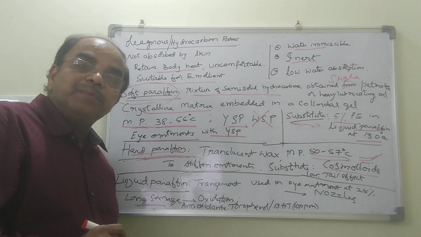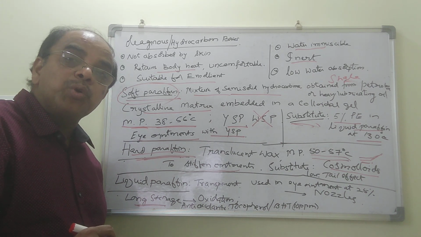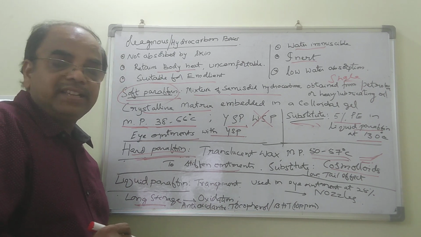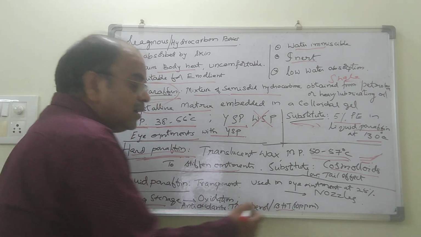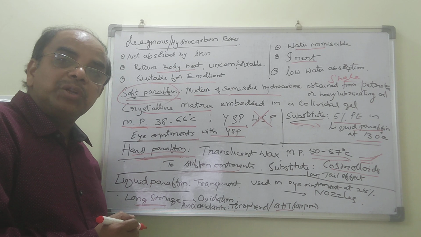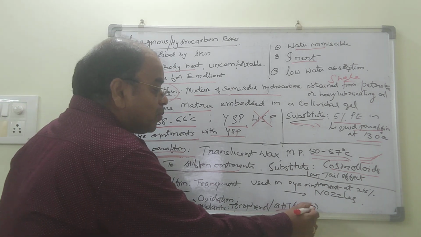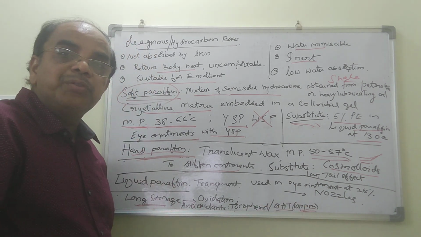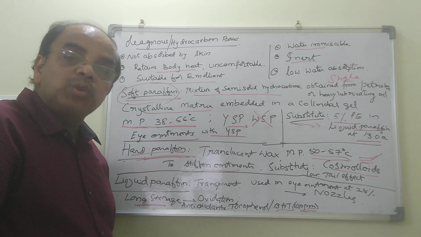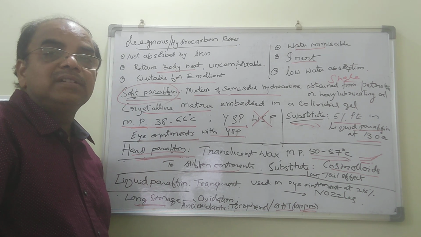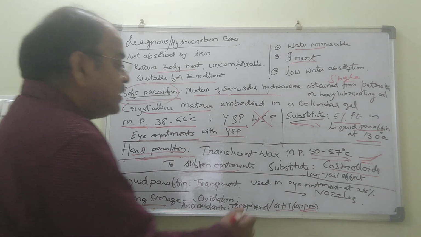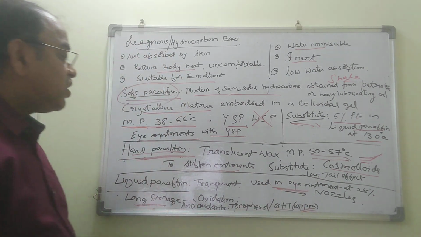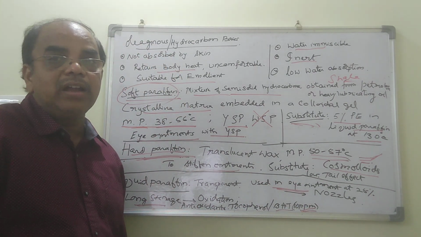So we have to add some antioxidants like tocopherol or BHT, butylated hydroxytoluene, at a strength of 10 parts per million, to store the liquid paraffin for long periods. And generally, liquid paraffin is used in the eye ointments also.